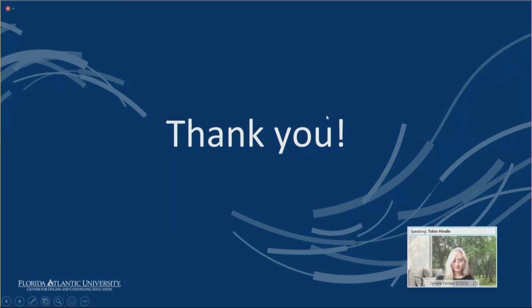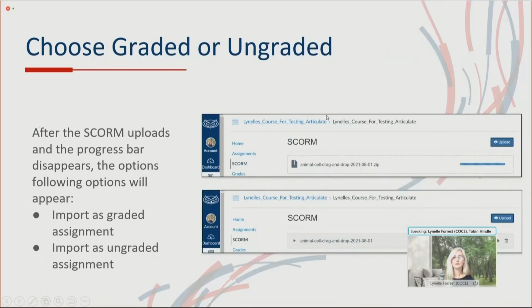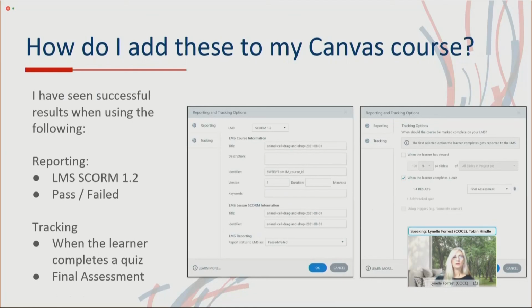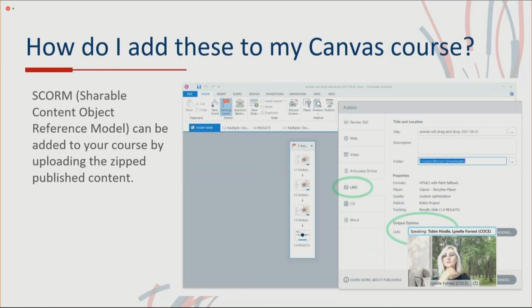I have to go back. Let me take a quick look. Yeah, 1.2. Did I say 2.1? I'm sorry. I meant 1.2. No problem. I was just curious if you found that one worked better than the other. But that's the one I found that worked the best for this particular thing.